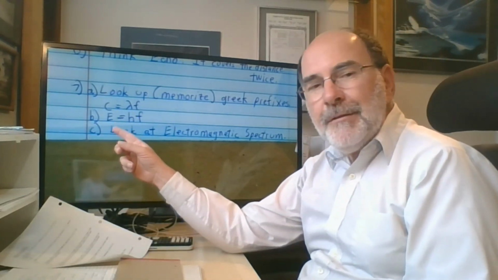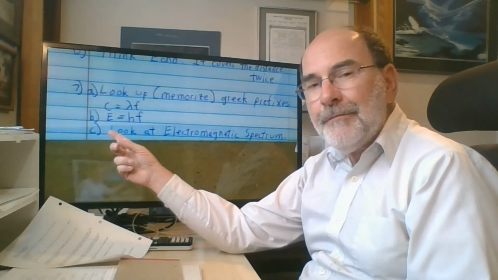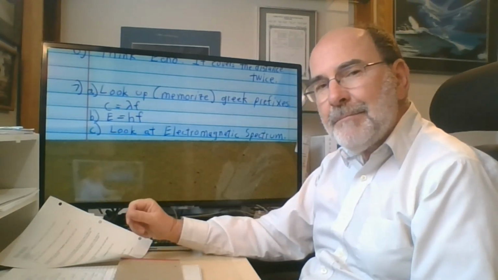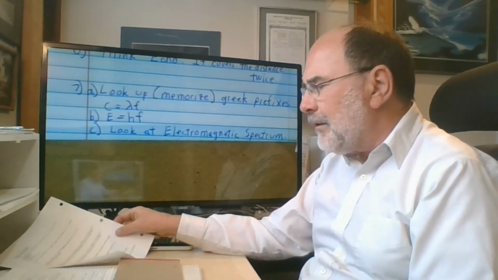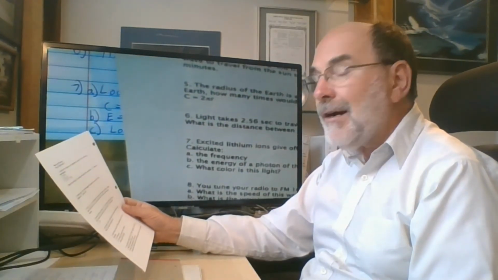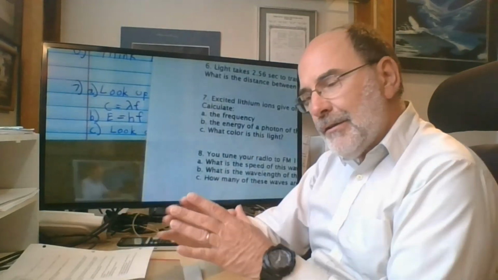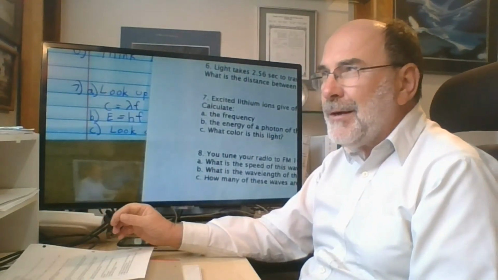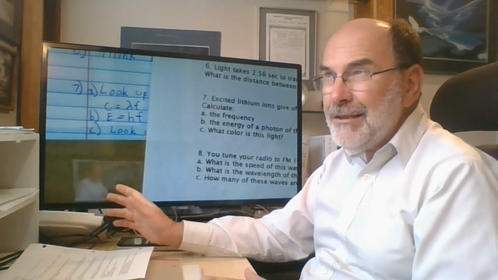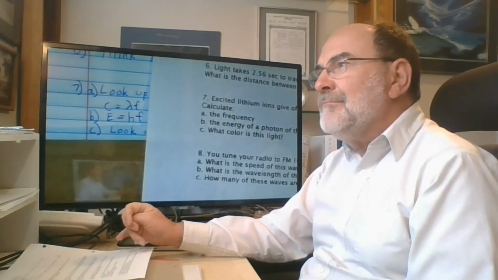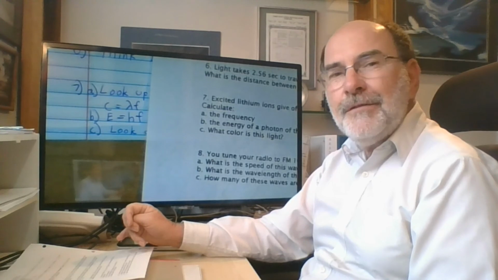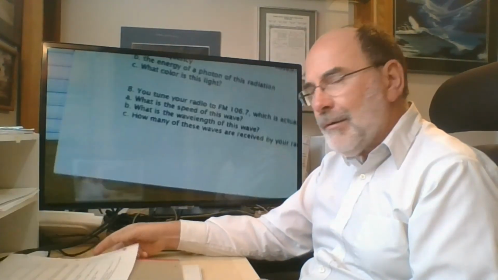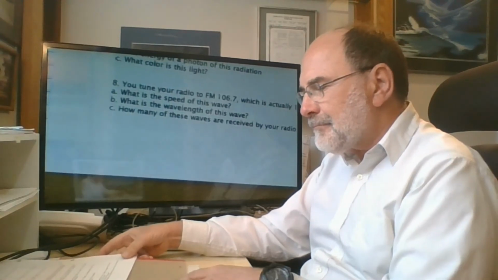You use Planck's formula to calculate how much energy there is in that photon. And you go back and look up the electromagnetic spectrum and identify, okay, what color is this light? So you're going to zoom in on the visible part of the spectrum, knowing that red light is around 710 nanometers, that yellow light is around 550 nanometers. You look it up and then answer the question, well, what color is this light?